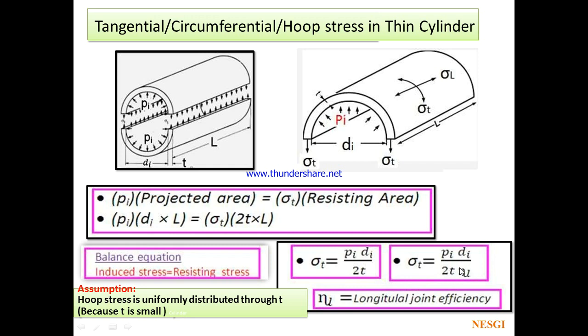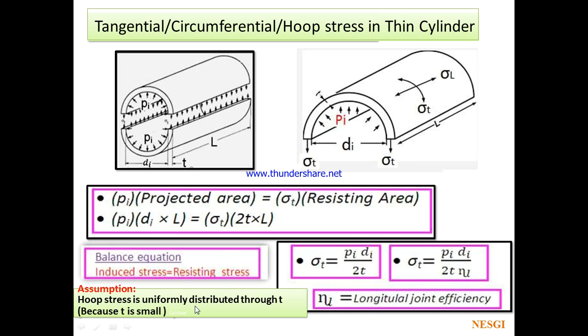So sigma T is Pi into Di by 2T into eta L. Eta L is the longitudinal joint efficiency. Cylinders are manufactured using joints, so whatever the efficiency of the joints in the longitudinal direction, that efficiency will be considered. If nothing is given in the problem, you can take eta L equal to 1, that means 100% efficiency.